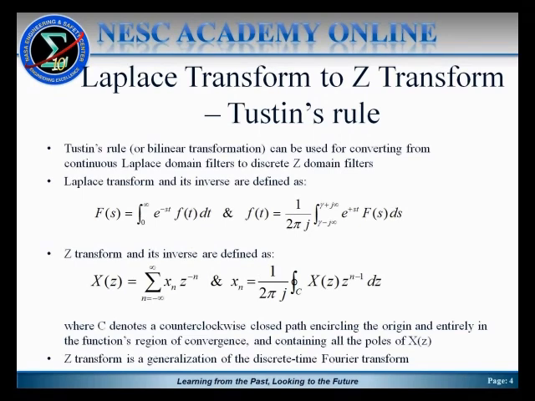And its inverse is shown as the contour integral on the right side of the lower equation. And that contour C denotes a counterclockwise closed path encircling the origin and entirely in the function's region of convergence, and contains all poles of the X of z. And the Z-transform can be shown as just a generalization of the discrete-time Fourier transform that we discussed in part 1 of this presentation.